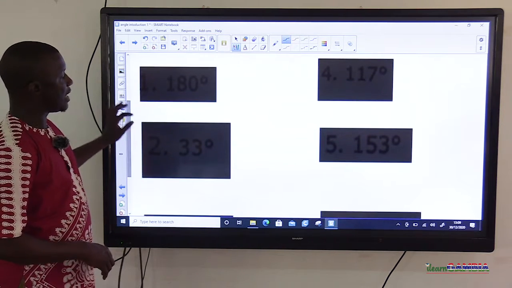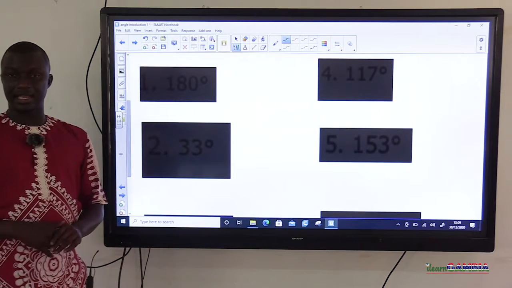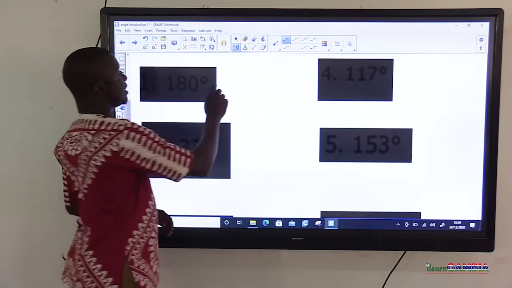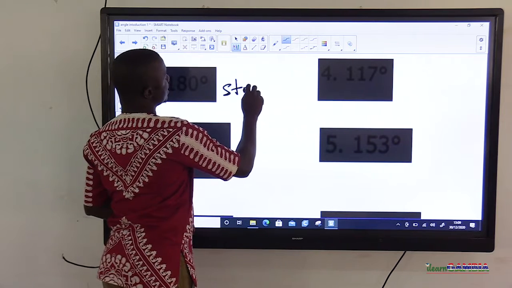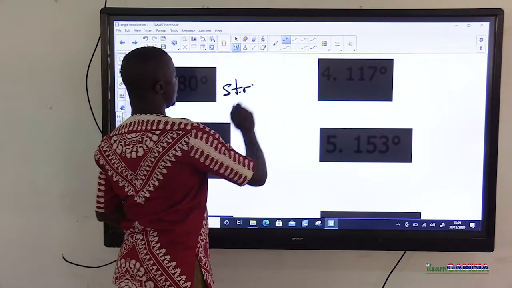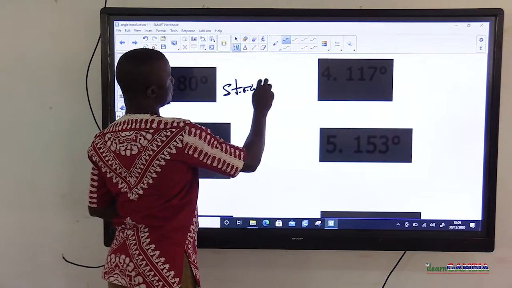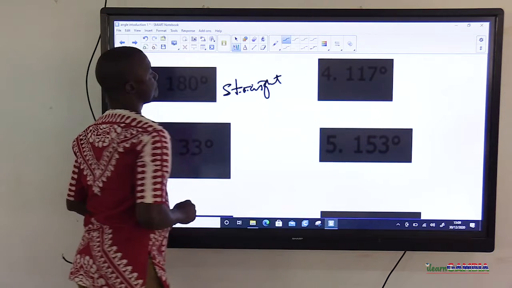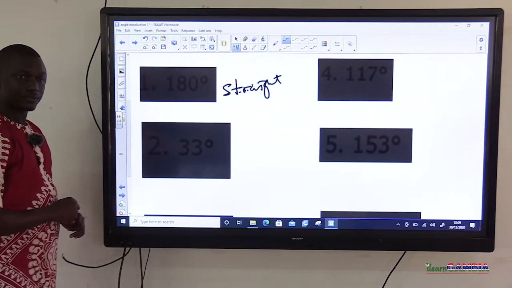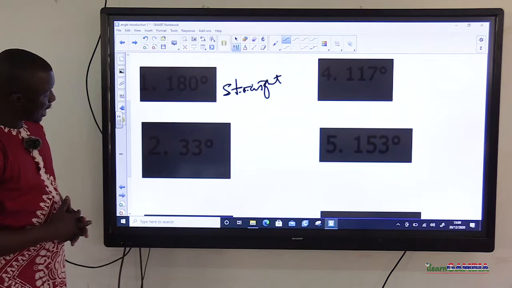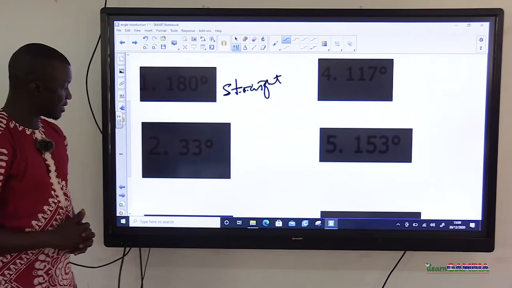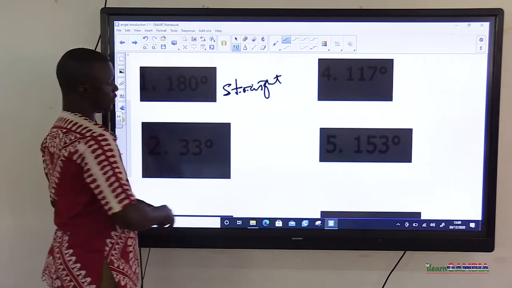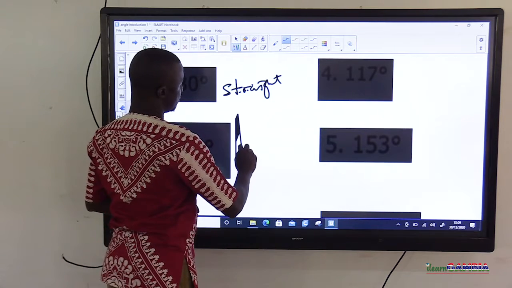If an angle has 180 degrees, we definitely know that this is a straight angle. And then we have 33 degrees. Number 2 is 33 degrees. 33 degrees we know is an acute angle.